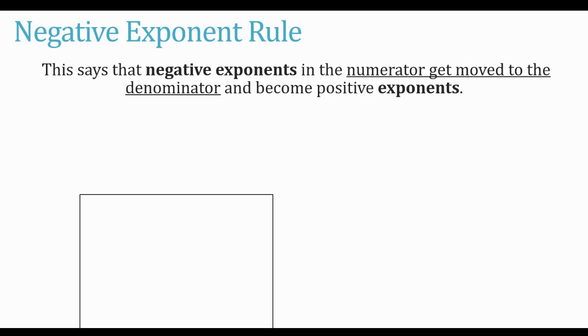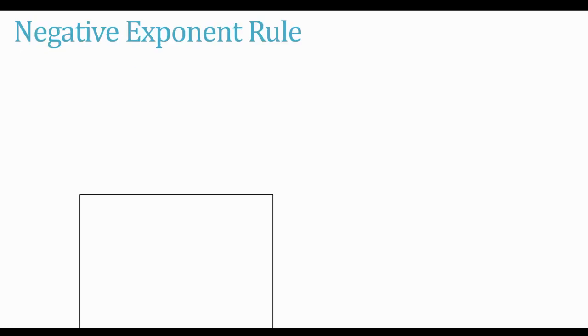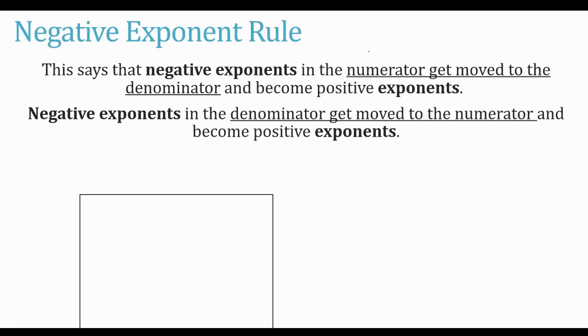The negative exponent rule says that negative exponents in the numerator get moved to the denominator and become positive exponents. So just like we did here, the negative exponent gets moved to the denominator and becomes positive. And that works the other way around.